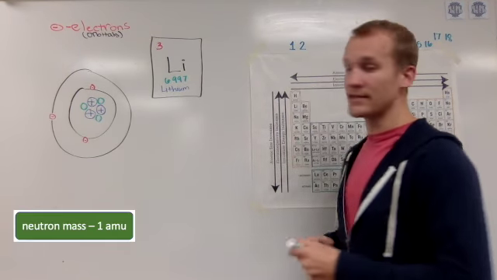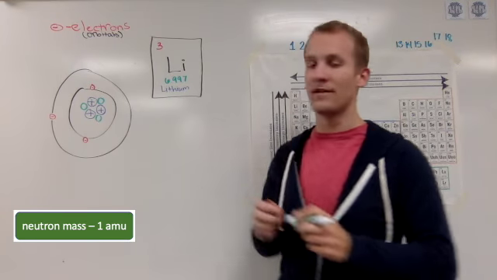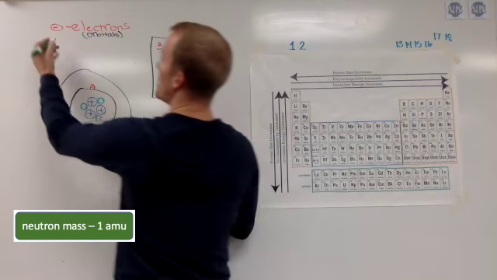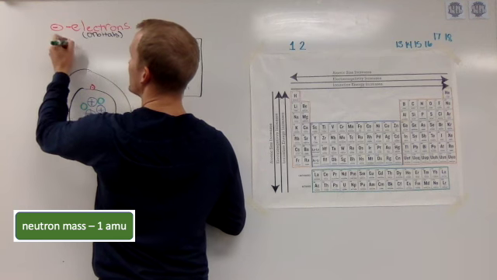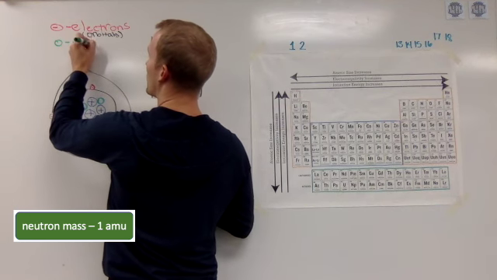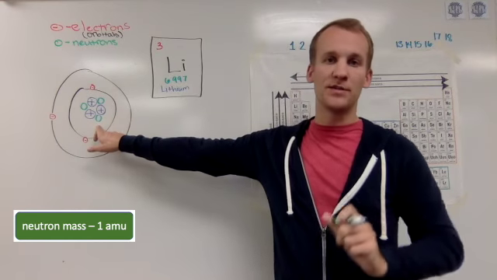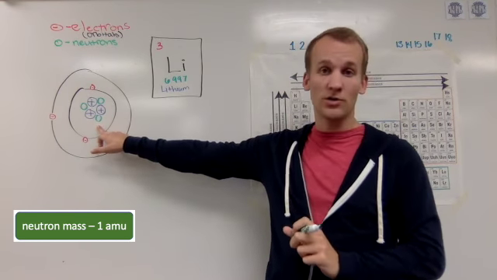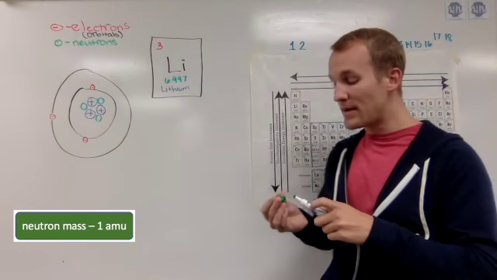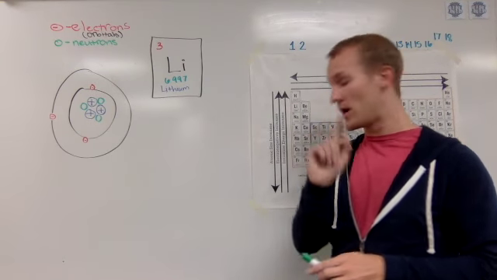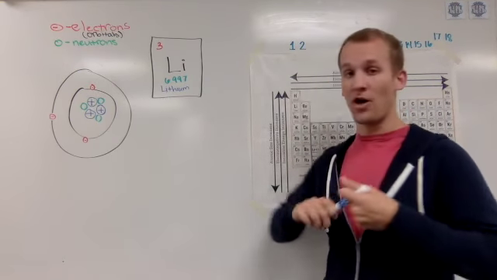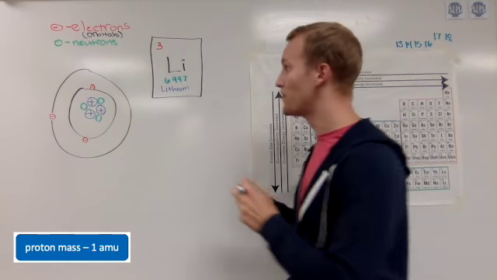Inside the nucleus here, we have two different types of particles. One known as the neutrons, that is our green pieces here. The neutrons, remember, are not charged, so they are neutral, but they do have a mass of 1. Also recall that electrons have a mass of 0.